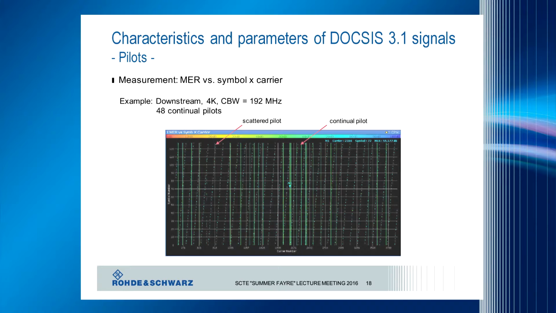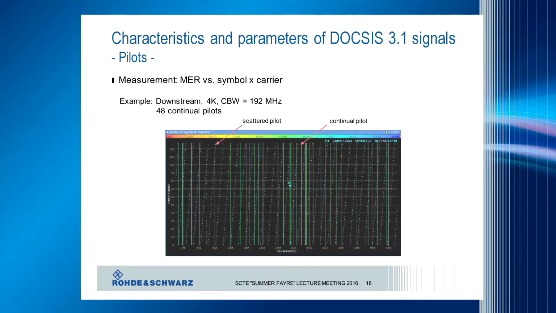And here you can see on these examples the continual pilots, which always have the same position during the transmission. And here, in contrast, you can see the scattered pilots, which switch position from symbol to symbol. In this way, it can be very nicely explained how the symbols and carriers are used.